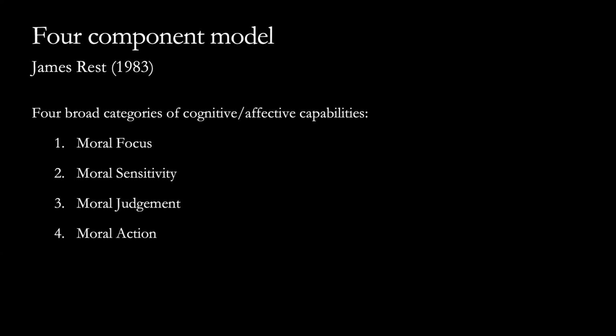As it says on the slide, there are 4 broad categories of cognitive and affective capabilities. When we say that, basically what we mean is that people have to think about these things and they also have to feel them as well.